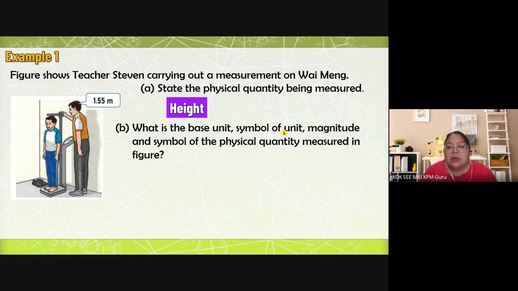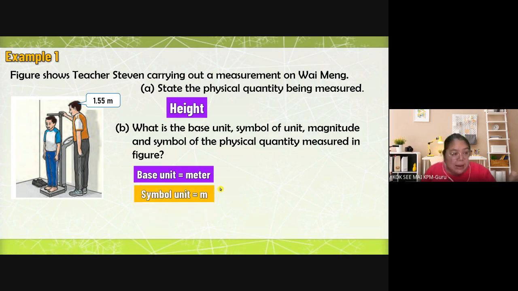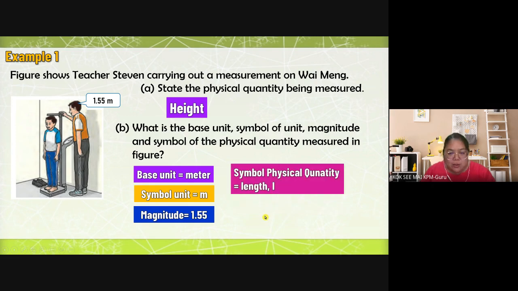Then magnitude, how many? 这个 diagram 的 magnitude 是多少？Yes, 1.55, 那个就是 magnitude. 我只是要那个 value 罢了. And the symbol of physical quantity. Physical quantity length 的 symbol 是 L. So the answers: base unit meter, magnitude 1.55, symbol of physical quantity L. 它的 symbol 是 L, length 是名字. OK, so finish.